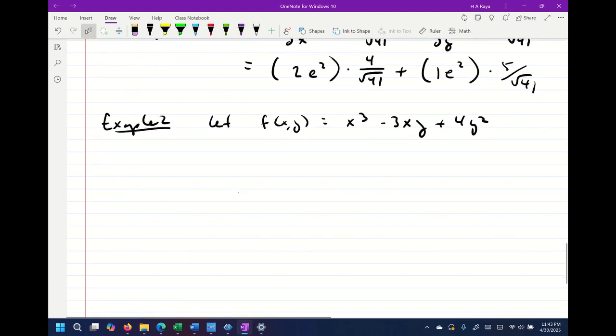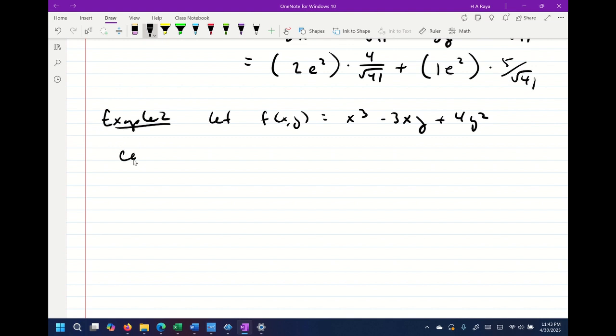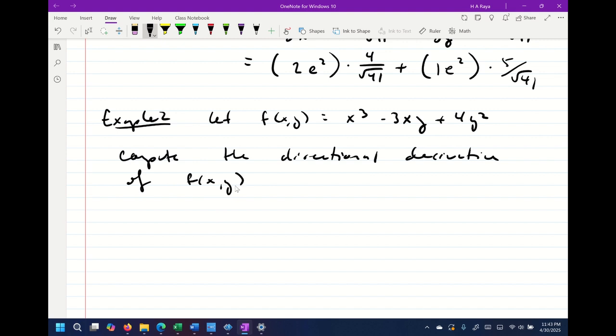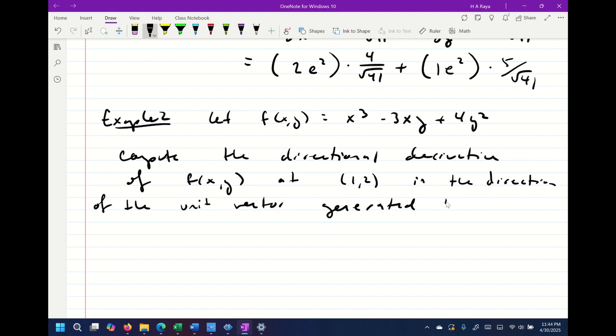And we're asked to compute the directional derivative of f of x, y at the point 1, 2 in the direction of the unit vector generated by theta equals pi over 6.